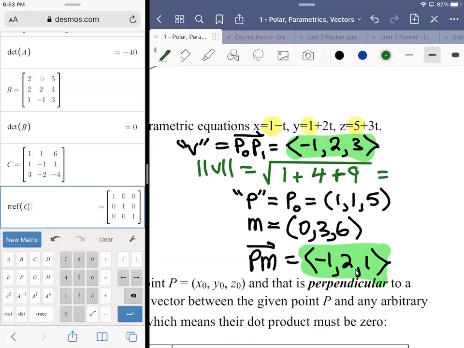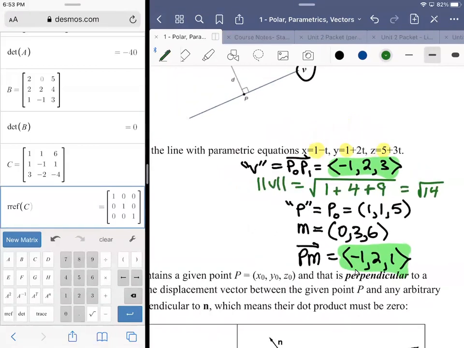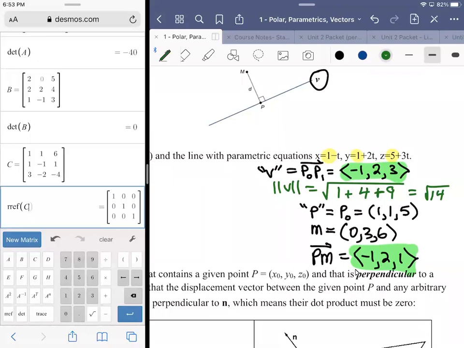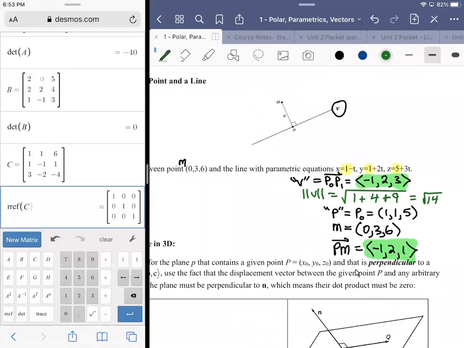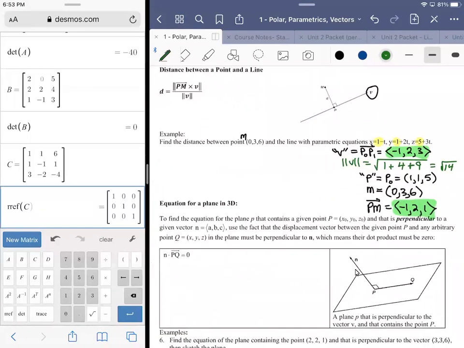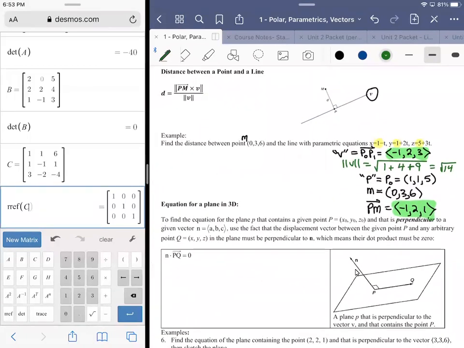So we're looking at root 14. That root 14, that's come up a few times already. I'm not saying you can rely on that always being the magnitude of a vector, but it comes up pretty frequently. So I know what my denominator is going to be. Now it's a matter of coming up with the numerator. So I want the magnitude of the cross product.